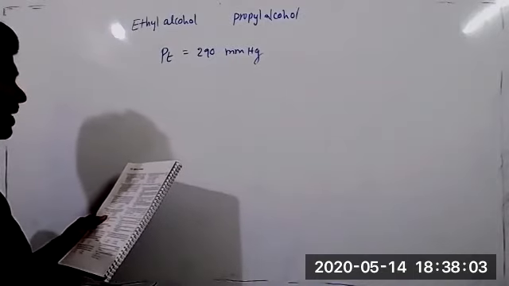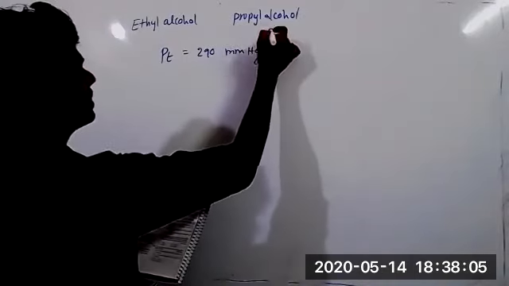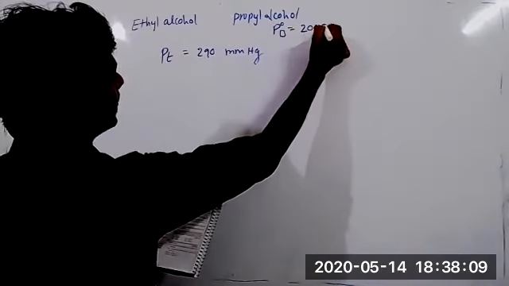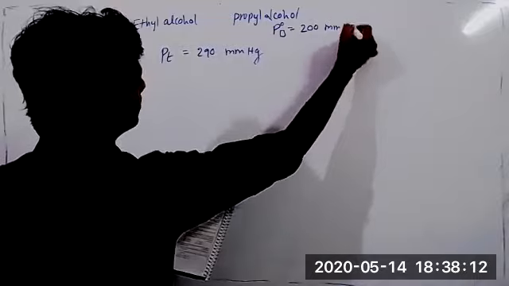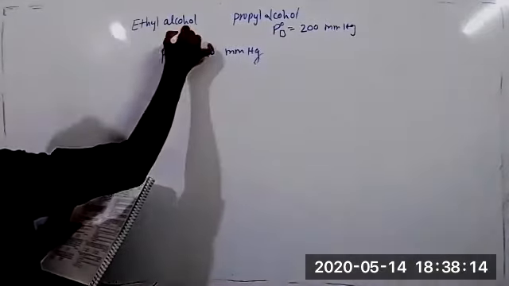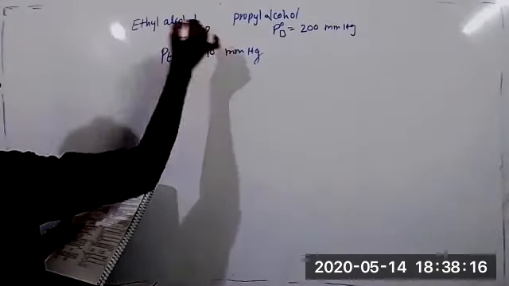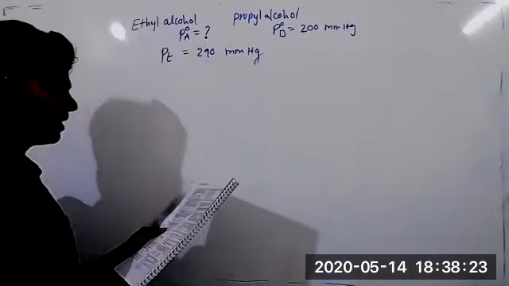The vapor pressure of propyl alcohol is 200 mm, so this is the pure one. PB power 0 is 200 mmHg. PA power 0, taking ethyl alcohol as A, is not given. That only we have to calculate. The mole fraction of ethyl alcohol is 0.6.